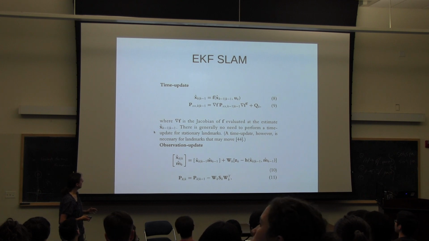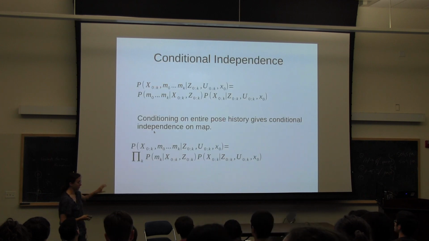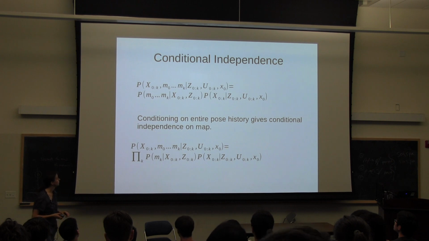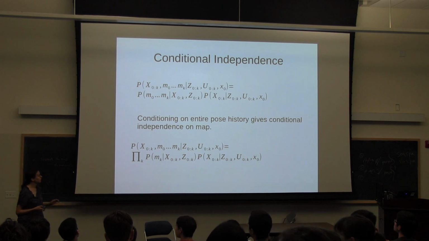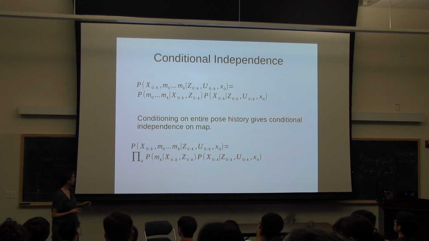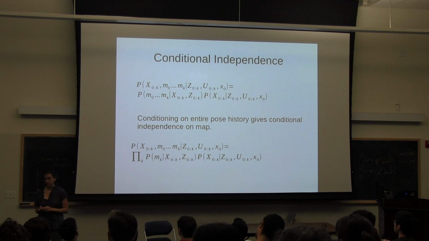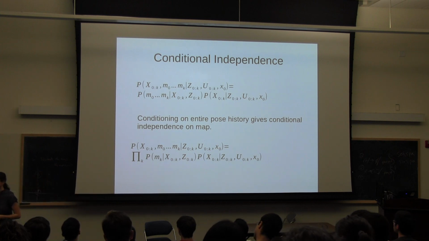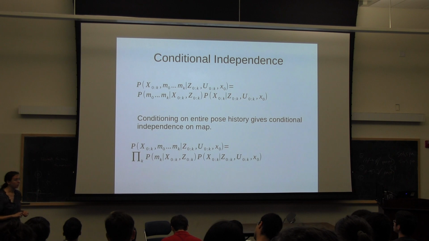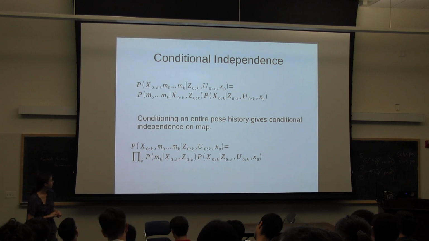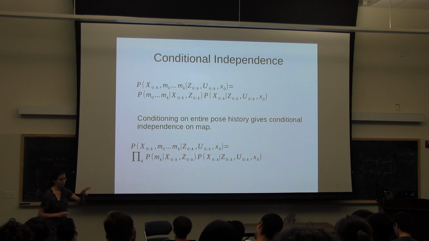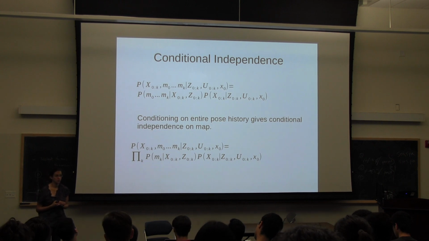But the problem with the first way that SLAM was defined is that you're not making all of the dependence assumptions right. So what FastSLAM said was that this distribution over the trajectory doesn't really make sense to write as a Gaussian and assume that it's all independent.